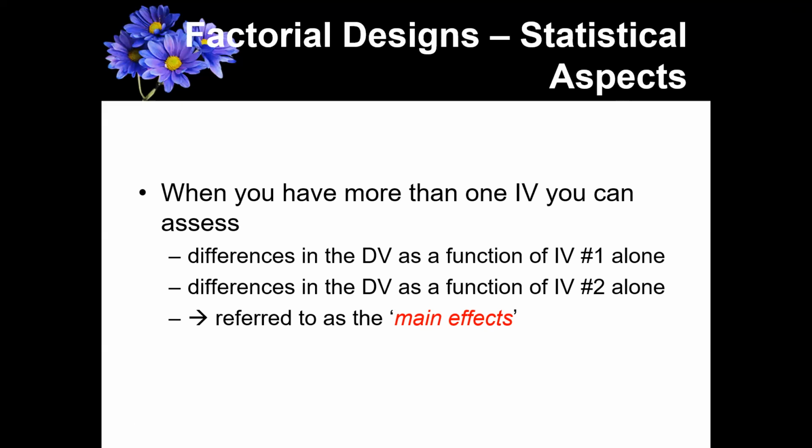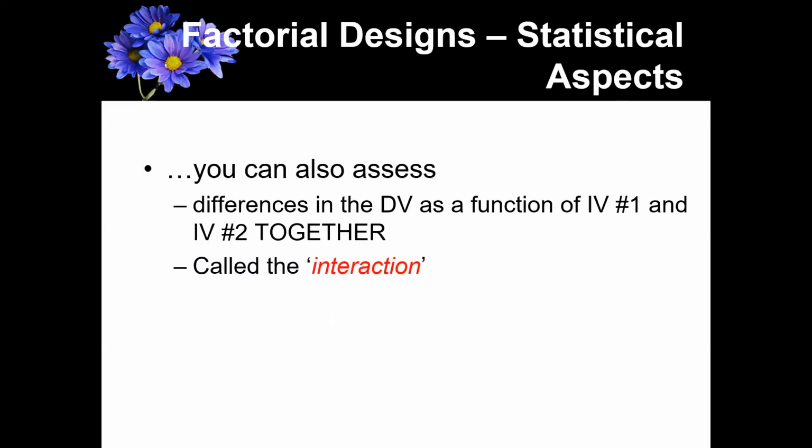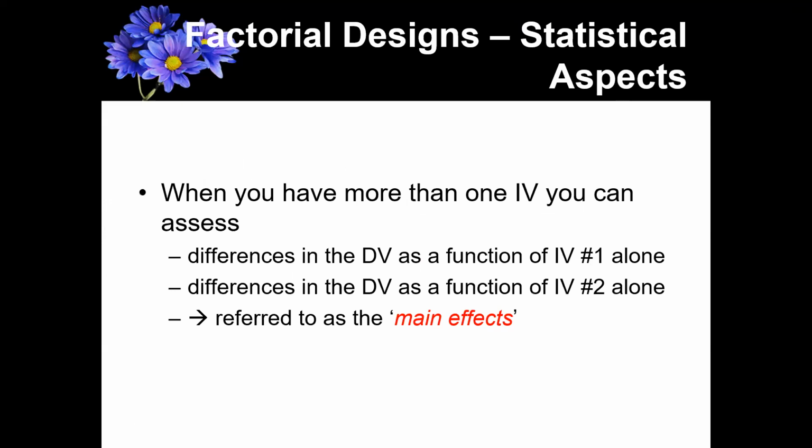And the key assumption here is that we're not going to be factoring in the other independent variable, whatever effects it might have. Okay. So we'll again, as always, look through examples of each of these. But yeah, main effects, again, we're just looking at what is the effect of this independent variable, ignoring the other one to some degree. And since we have two independent variables, we're actually going to have two different main effects.